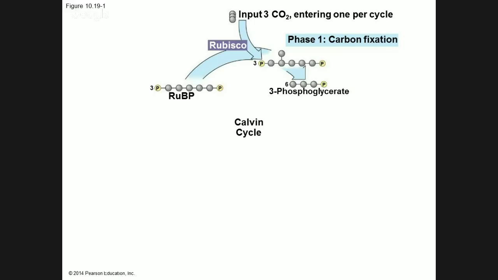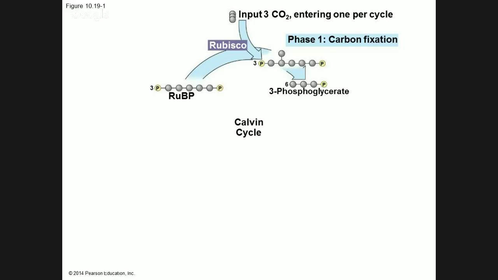So rubisco will take the carbon dioxide and actually bond it to this thing called RuBP. It stands for ribulose bisphosphate. This means there's 2 phosphates right here. And notice there's 1, 2, 3, 4, 5 carbons there. So you add 1 carbon dioxide to that, and you make 5 plus 1 equals 6. 1, 2, 3, 4, 5, 6 carbons. So the product of 1 CO2 bonding to RuBP is this 6 carbon product right here.